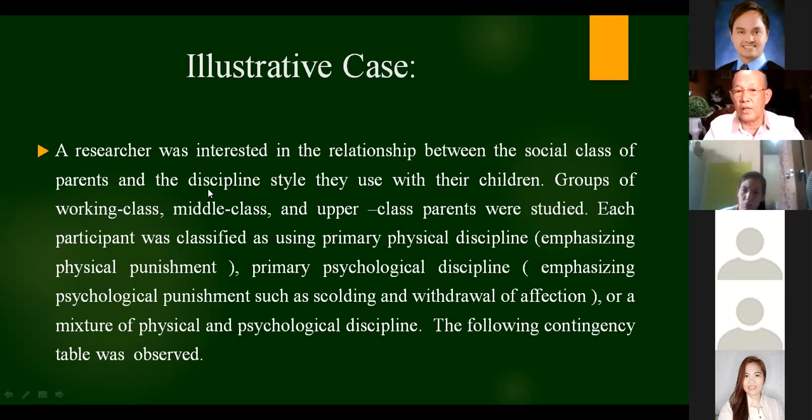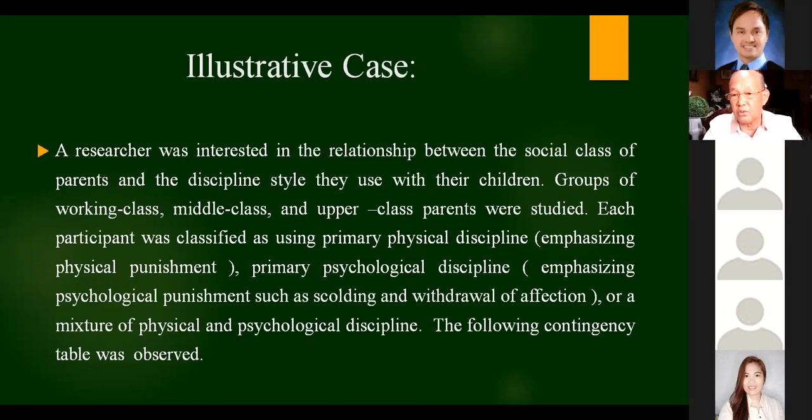So when we say discipline style, the researcher classified the discipline style into three also. Physical discipline, meaning parents emphasize or make use of physical punishment. These are the parents who pinch or spank when the children make a mistake. But there are parents who would not like to use the physical discipline style. Instead, they resort to the psychological discipline style.